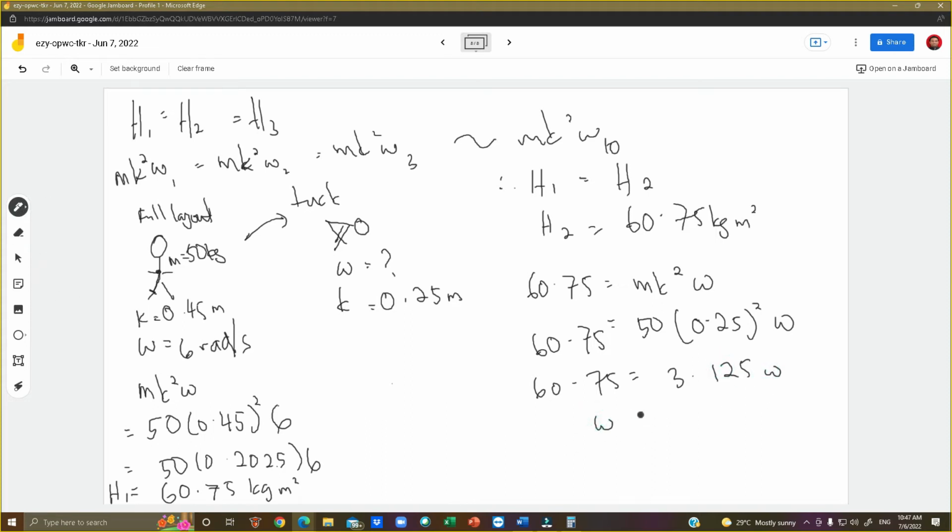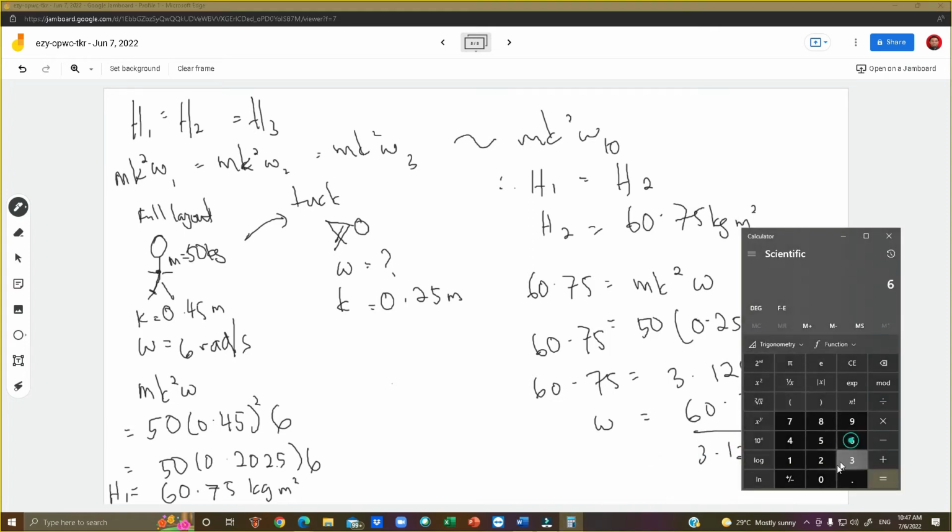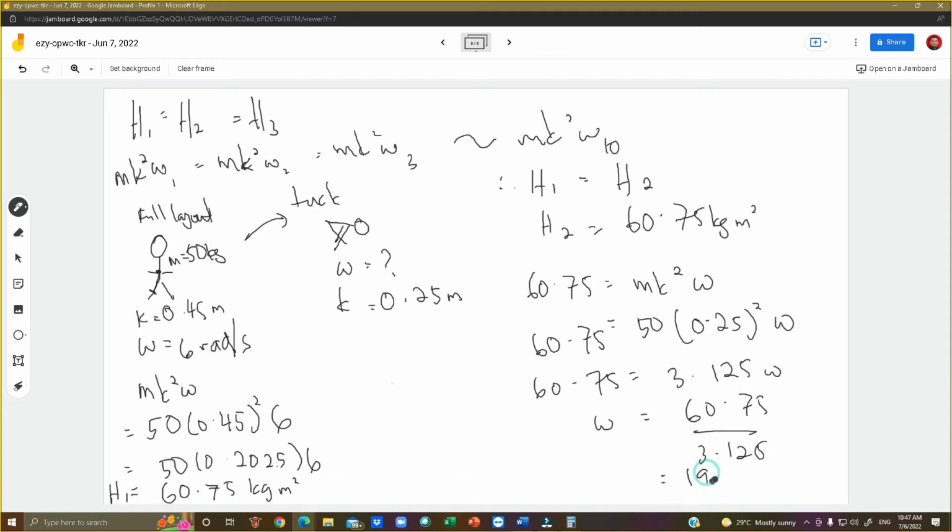So automatically the omega will be 60.75 over 3.125. 19.44 radian per second. Ini jawapan dia.